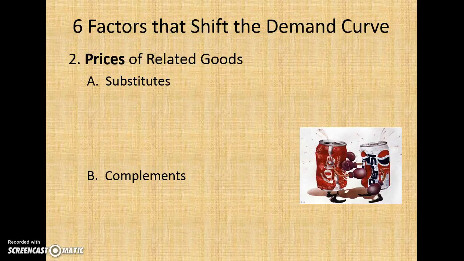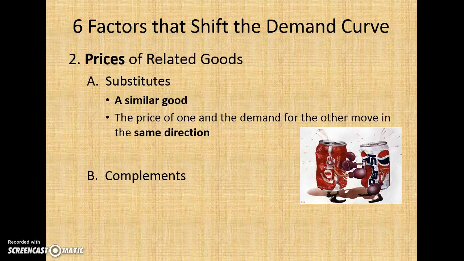Now the prices of related goods. This is the second factor that shifts the demand curve, either left or right. You have two types of related goods. Substitute goods, which are something similar. Like if Coke raised the prices on all of its products, if you raise it too high, and you're trying to buy a $4 Coke and Pepsi is $1.15, you're going to buy the Pepsi for $1.15.